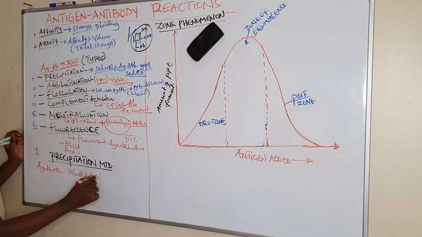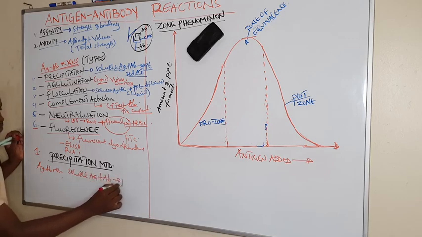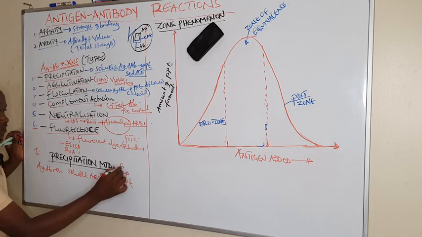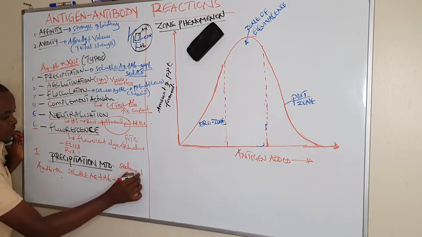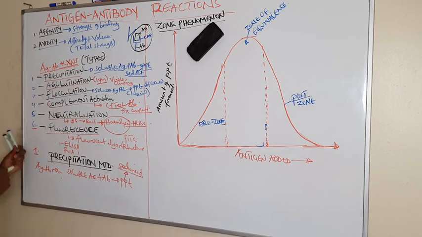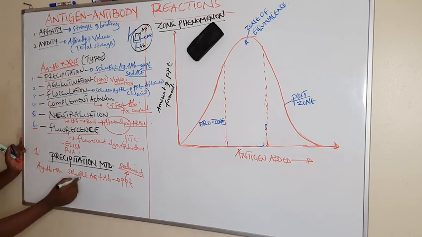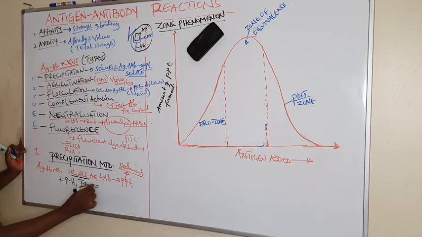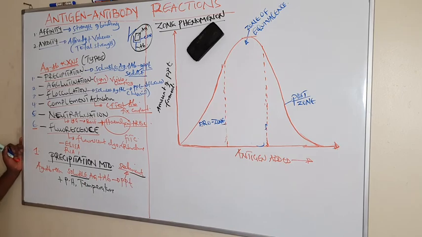These soluble antigens interact with antibodies to form a precipitate, which has the ability to sediment. And before sedimentation, the soluble antigen must be at a specific pH and a specific temperature to form sediments as a precipitate.